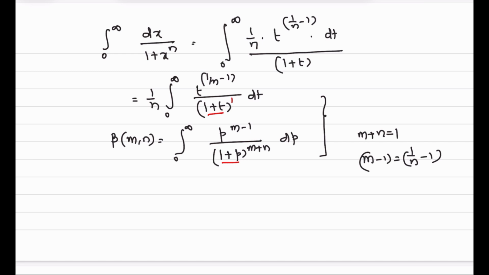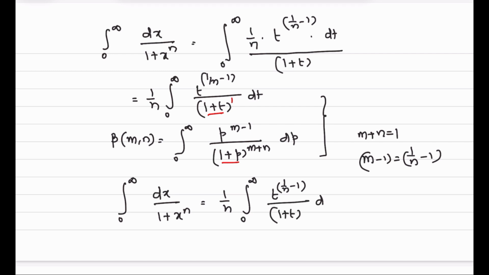This becomes integral 0 to infinity dx by 1 plus x to the power of n is equal to 1 by n into integral 0 to infinity t to the power of 1 by n minus 1 whole divided by 1 plus t dt.